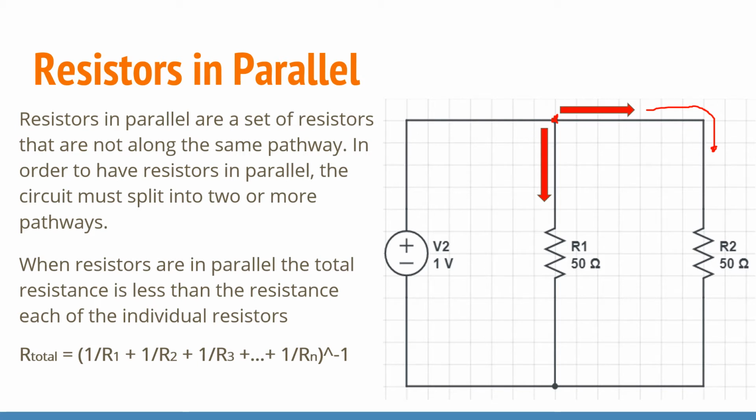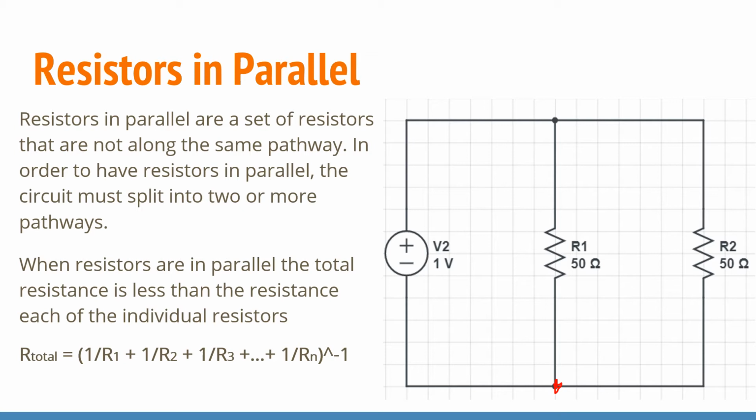Now watch as that happens. The current flows over resistor 1 and resistor 2 at the same exact time before the current meets back up at this junction right here. Then the current continues to flow and connect back together until it returns to the negative terminal of the battery.